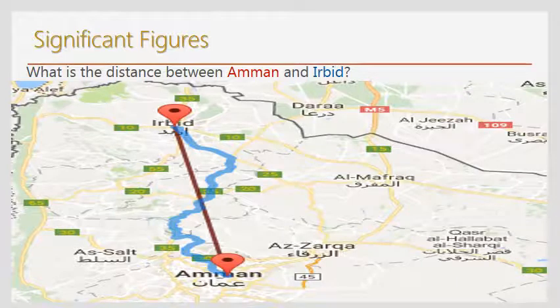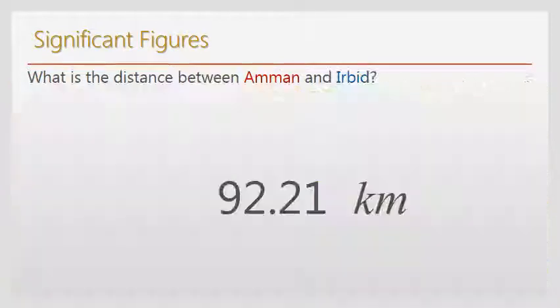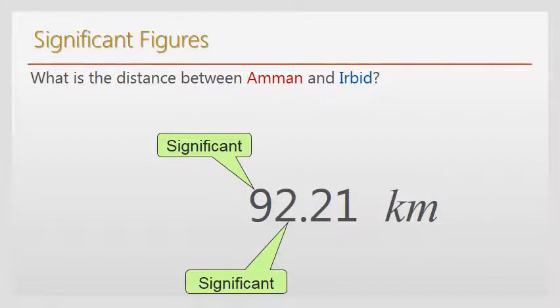If you are asked what is the distance between Amman and Erbil, the calculated distance is 92.21 kilometers. Question, how many significant figures does this resulting measurement have? The first 2 are significant.